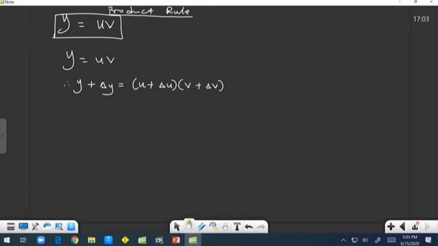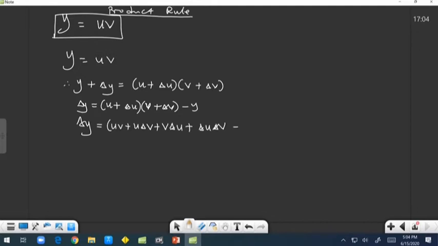So we can now say delta y is equal to (u plus delta u), open bracket, (v plus delta v), minus y. Y is uv. So we have delta y equal to, you can open the bracket, uv plus u delta v plus v delta u plus delta u delta v minus uv.